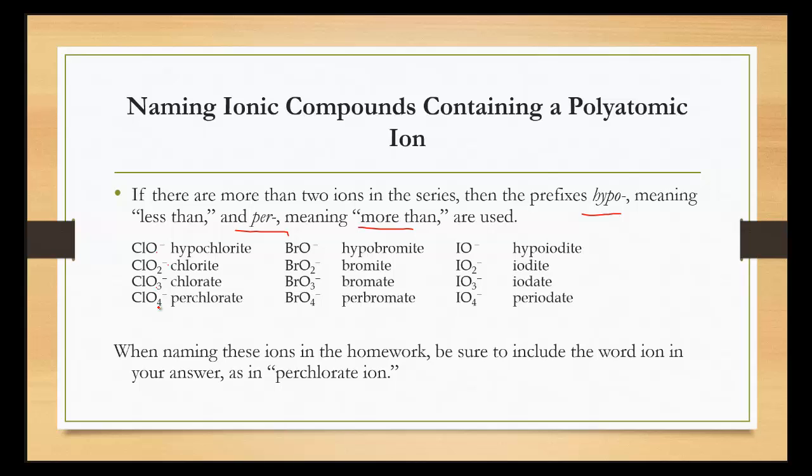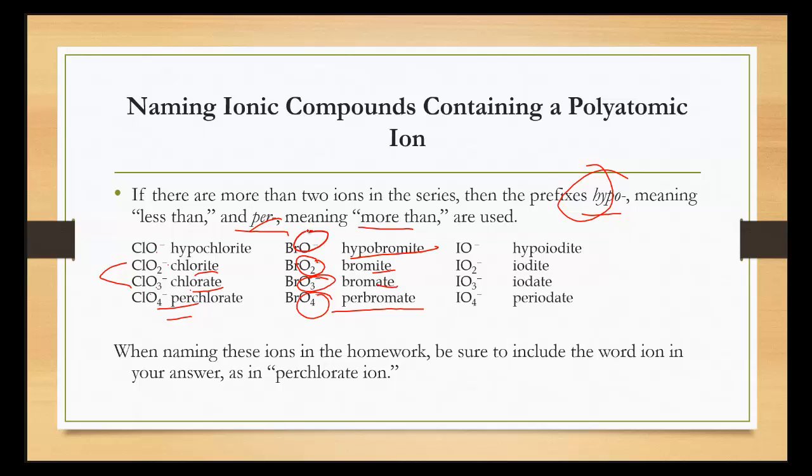If we compare "ite" and "ate", "ate" is more. Hypochlorite, hypo because it has less, and then perchlorate is more than 3, so it got per. So "ite" and "ate", "ate" got more. Perbromate because it's more than that. Bromite for 2. Hypo because it's less than.